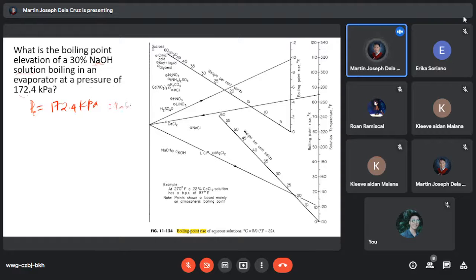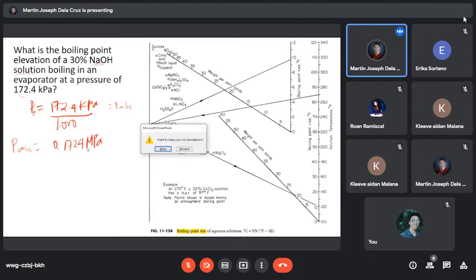Okay? Ito na yung P absolute natin. So in your thermodynamic property of water, megapascal siya. So divide lang natin to ng 1,000 to get your pressure absolute. So, magiging 0.1724 megapascal.